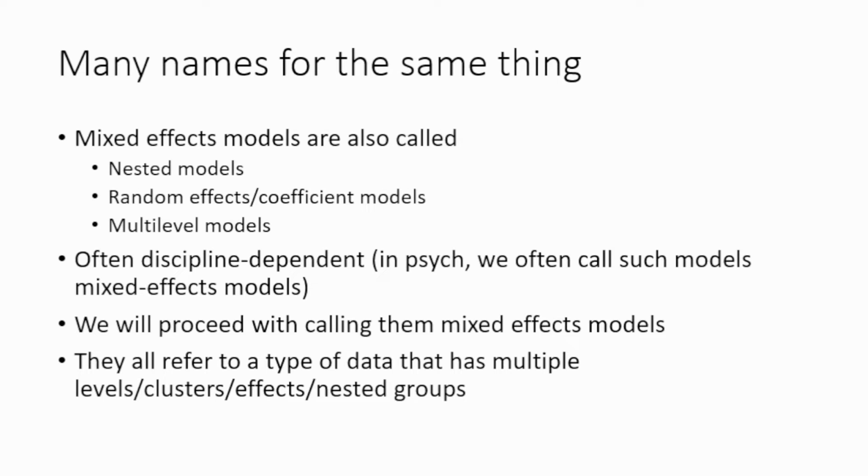So I'm going to continue using that terminology throughout this presentation because I come from psychology. But regardless of what the name is, they all refer to a type of data that has multiple levels, multiple clusters, multiple effects, and nested groups. I'm going to go over that in a little bit of detail now.